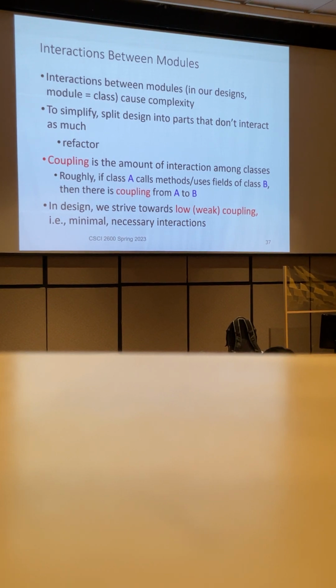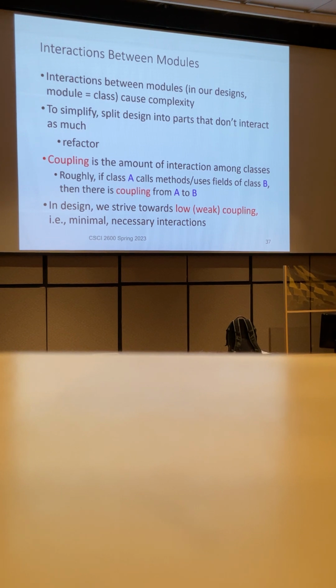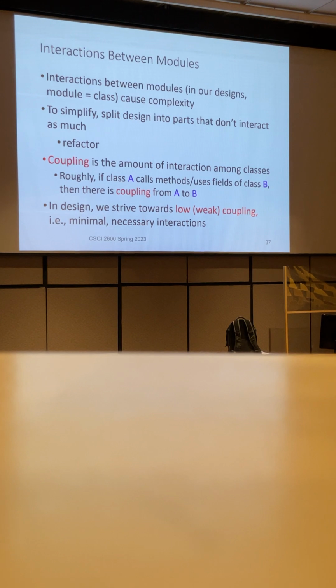Coupling: the general idea of coupling is a dependency. If we say that there is a coupling from A to B, it means that A depends on B. In other words, class A calls methods or uses fields from class B, which of course means that if B changes, we have at least to review code from A because it might be affected.